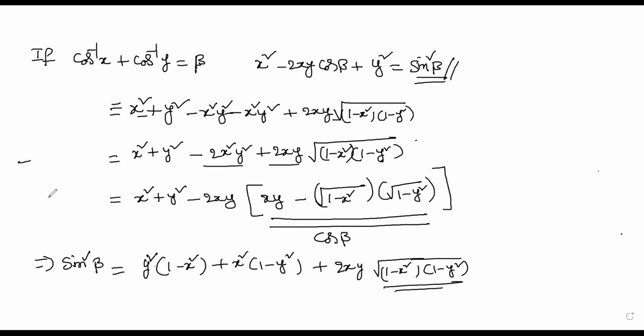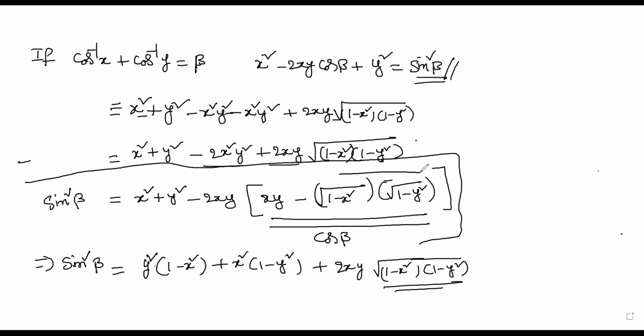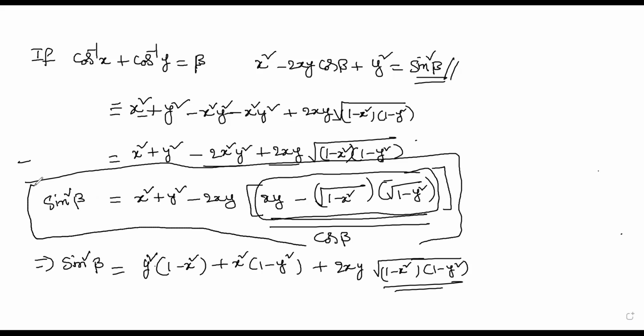So your sine square beta is this term, and when you substitute this entire term as cos beta, you are done. Why it is so, we'll just see that. No problem. So please note up to this, the problem is over here. When you substitute this entire term as cos beta, the job is done.